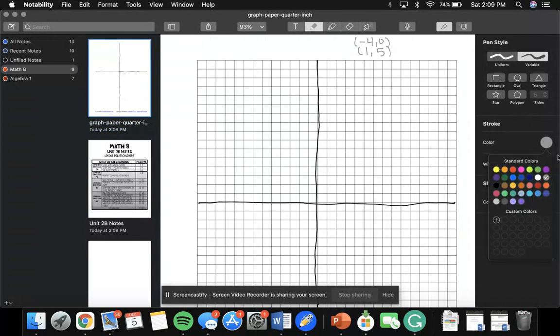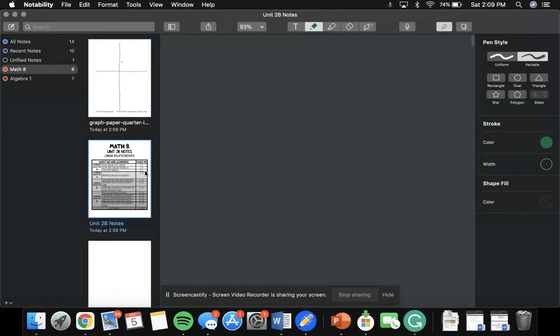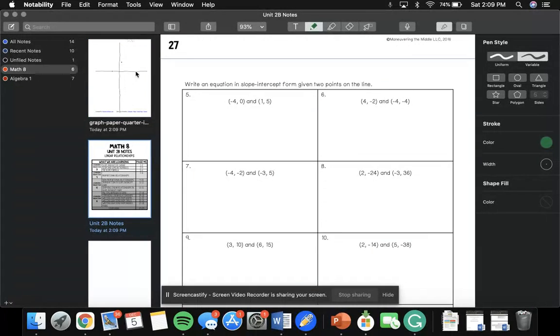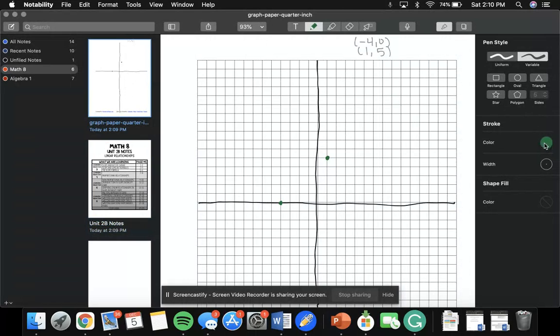So if you are a visual person, we would have to plot these points. -4, 0, and 1, 5. 0, 1, 5. Okay, so we know it crosses somewhere right here.